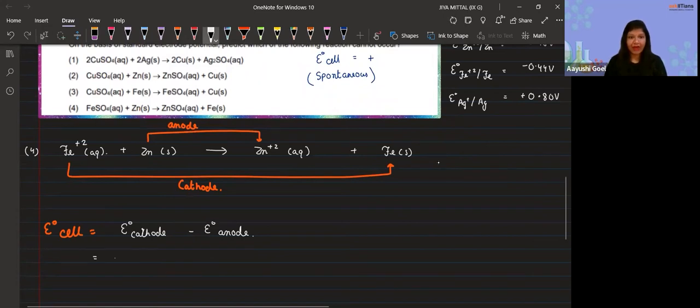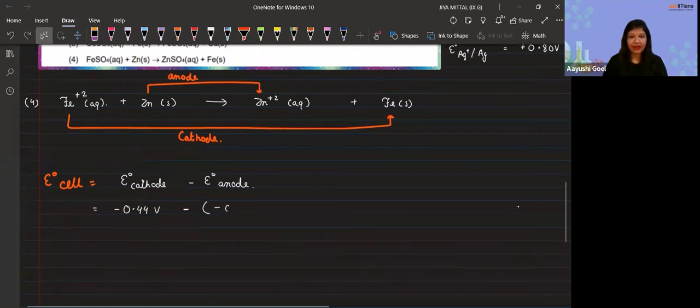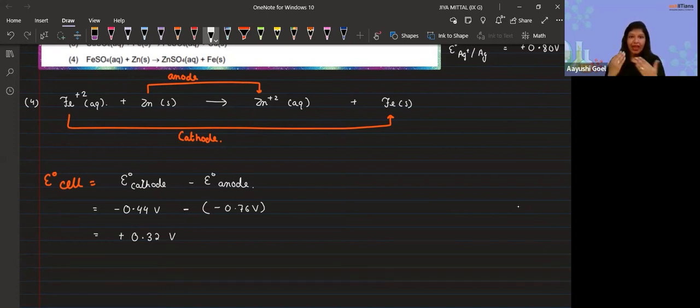Iron is minus 0.44 volt, and for the anode, zinc, it is minus 0.76 volt. If we do the calculation, minus 0.44 minus minus 0.76 will be equal to plus 0.32 volt, right? This is how we can calculate for all these cases. Let me show you for all, and then we can find the actual solution.